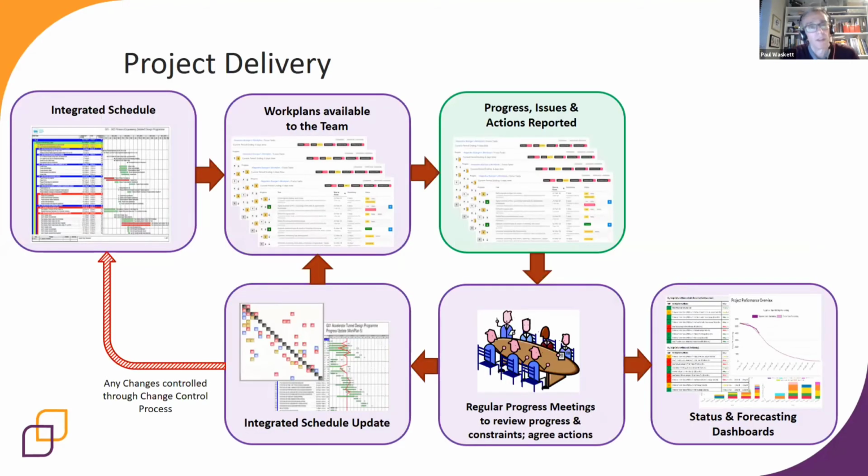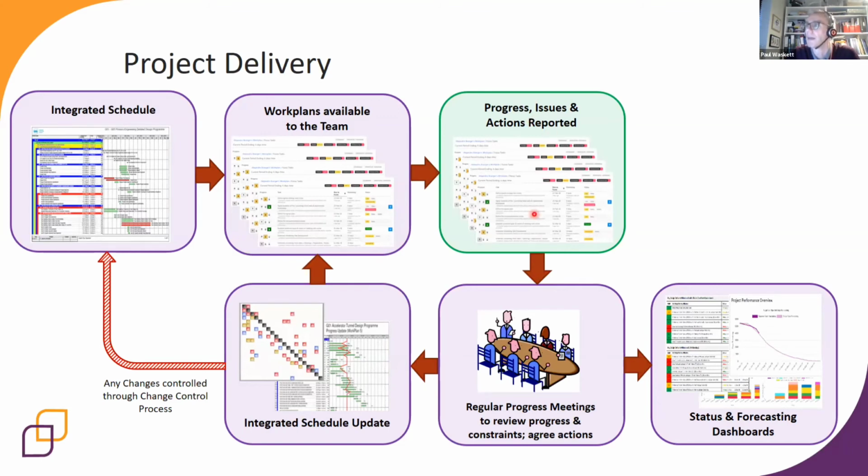So we start with, this is quite a complicated slide, there's a lot going on here, but we start with the plan, what we sometimes call the integrated schedule. We generate out of that short-term look-ahead work plans for the different participants in our project.